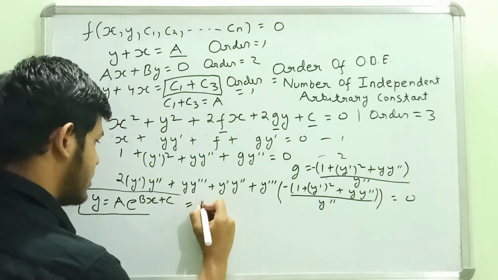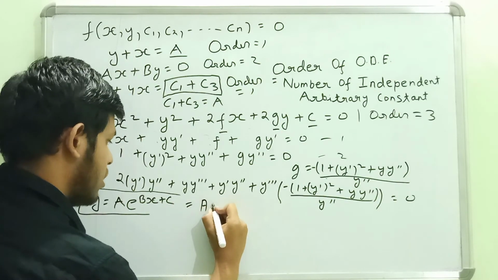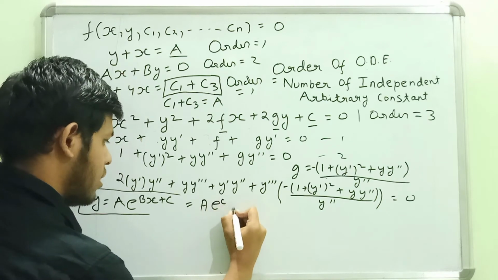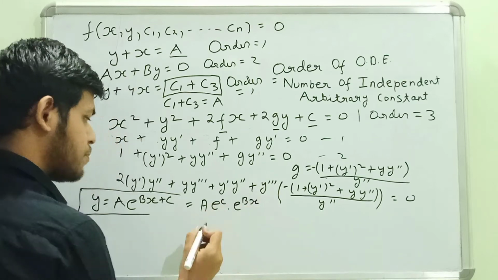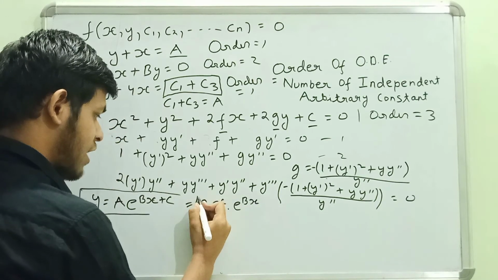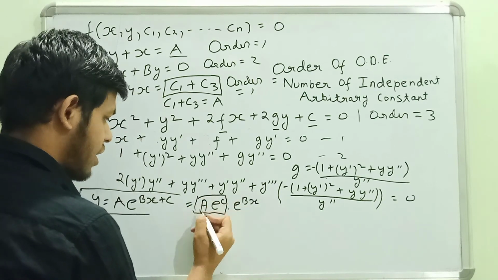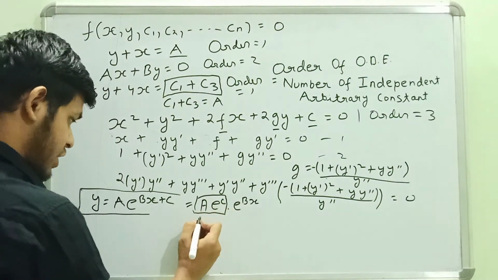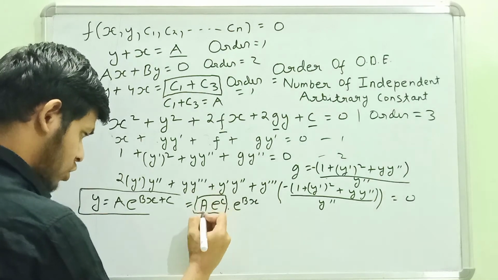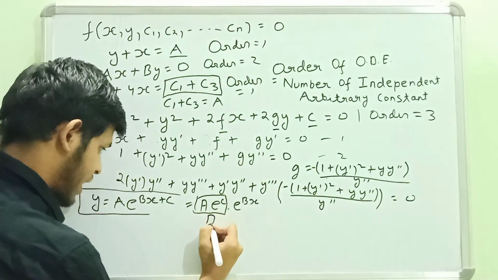We can write it as a e to the power c dot e to the power bx. So a into e to the power c will become one arbitrary constant, and we can assume it as another arbitrary constant d.